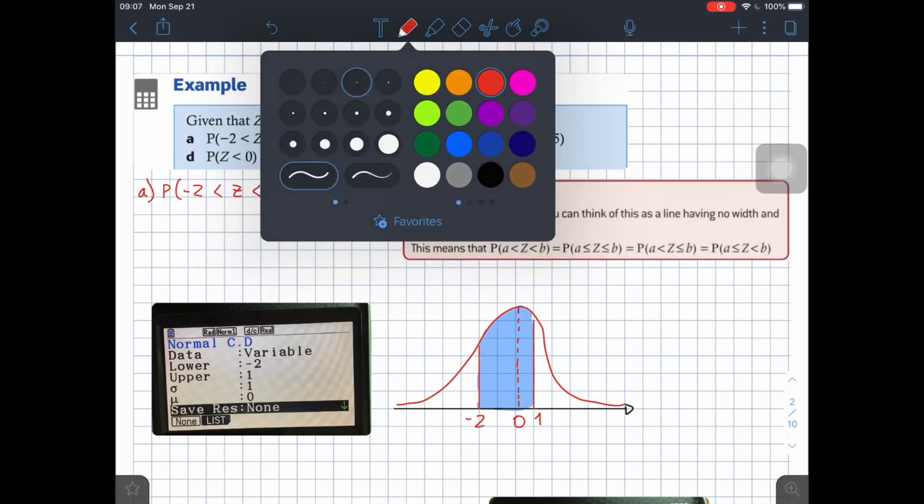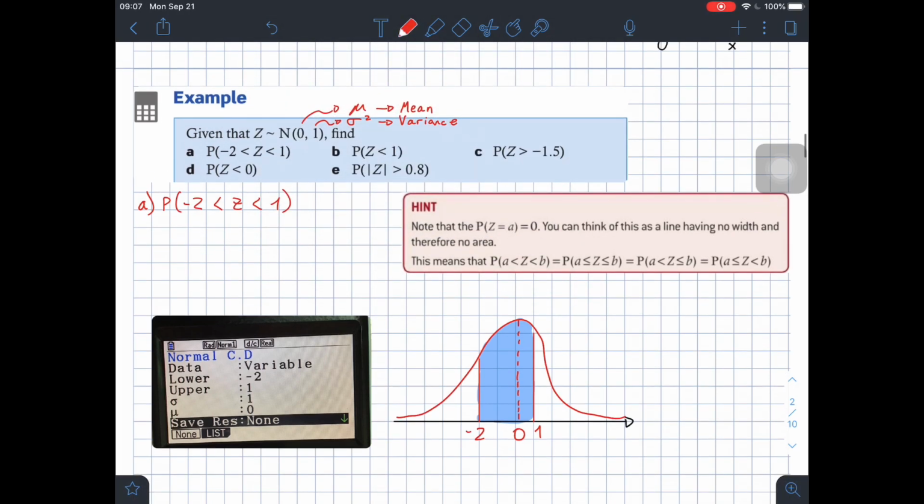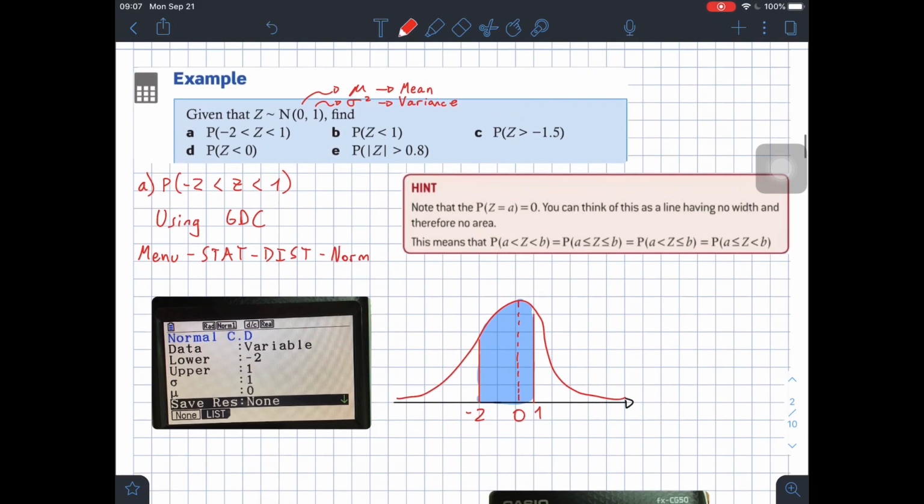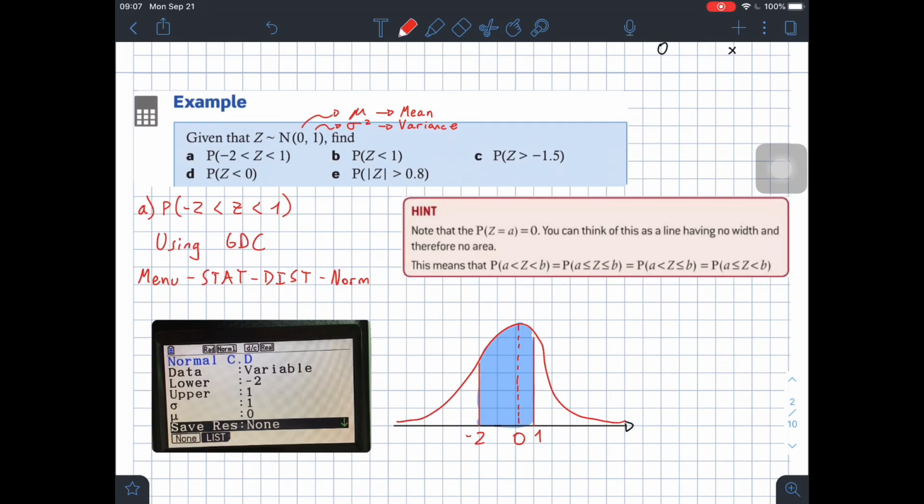Okay, so to determine that value, we're going to be using our GDC. So using GDC, I'm going to write some steps here for you to follow. We would have to go to menu. I'm going to show you this in a second. Statistics. And then you go to dist. Just as binomial distribution, but now we're going to press norm instead of binomial, which we clicked before.